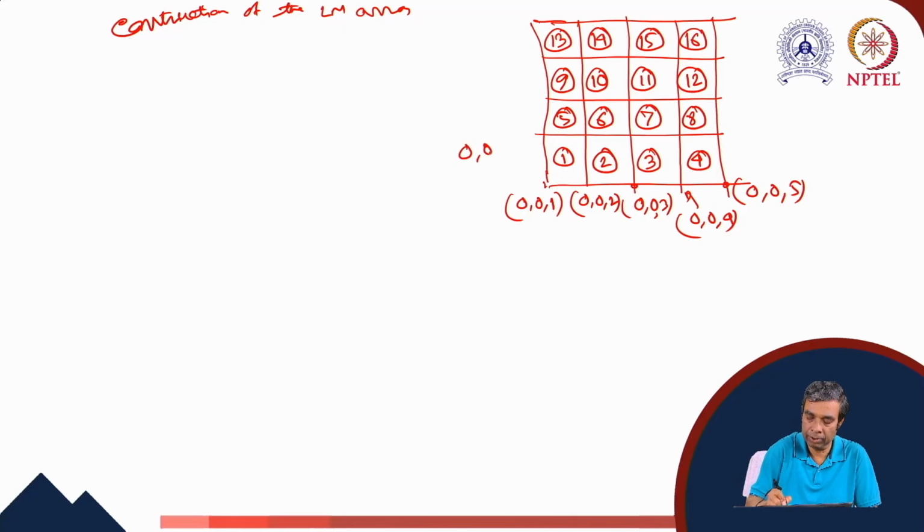So here it is 0, 0, 6, 7, 8, 9, 10, 11, 12, 13, 14, 15, 0, 0, 16, 0, 0, 17, 18, 19, 20, 21, 22, 23, 24, 25, 26, 0, 0, 27. I should put in brackets.